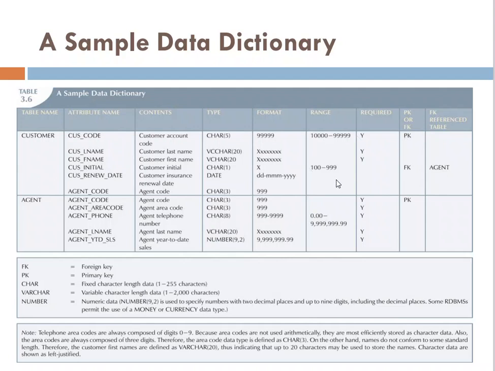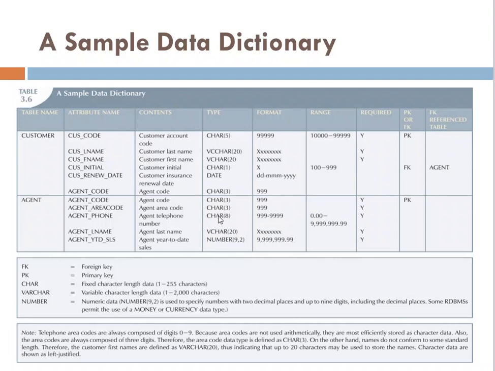Then if that attribute is FK, you have to put FK. For example, for the date, you have to specify the format. Then if it is phone number, the length is 8 characters.